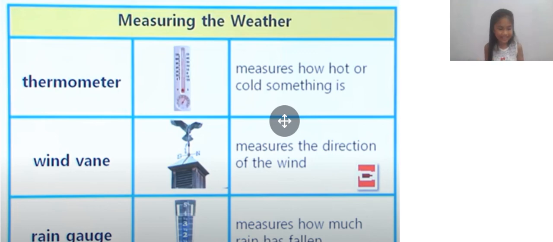I have 28. So what about Fahrenheit? From the bottom to the top, I will move my hand. Let's round it. I have 82 Fahrenheit and 28 Celsius because I'm using my air conditioner.